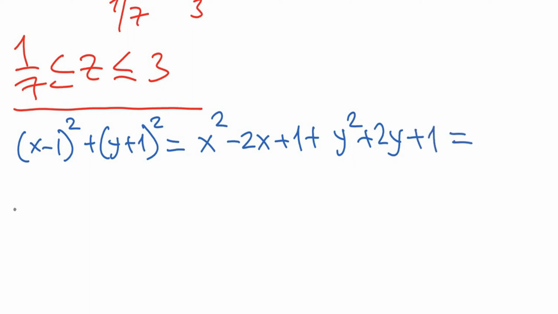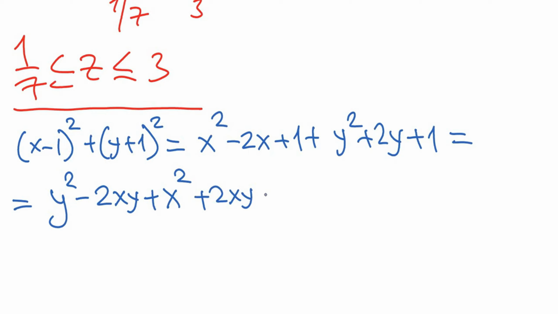Now let me rearrange this as follows. Here let me write y squared minus 2xy plus x squared, and I have to write plus 2xy, and also plus 2. If I factor out 2 from these two expressions, then here y minus x and plus 2.